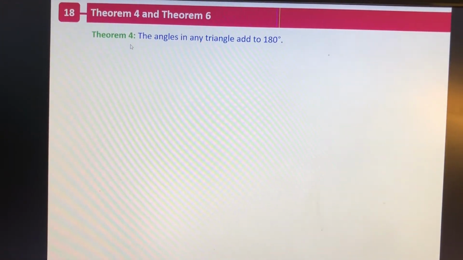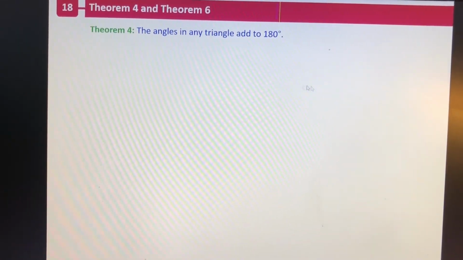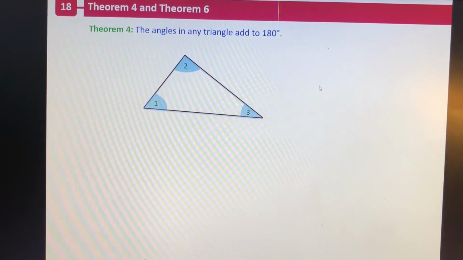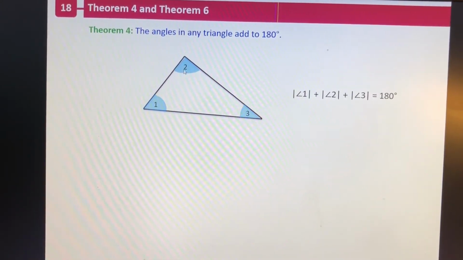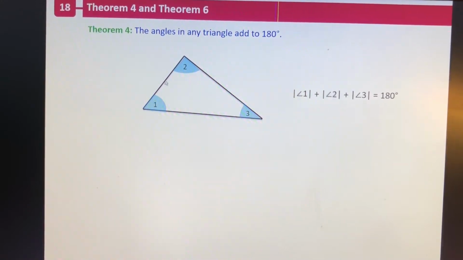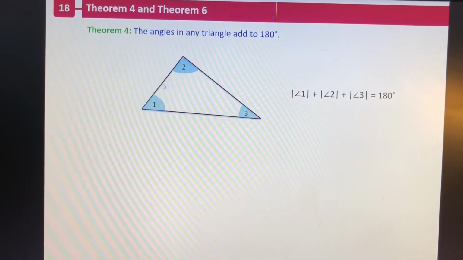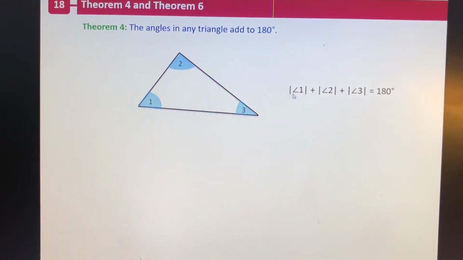Well, that's the statement that we've been mentioning throughout this class already, that the angles in a triangle add to 180 degrees. So here we have an example triangle, and we've got three angles inside their vertices, and we could label them like this, 1, 2, and 3, or letters, it's up to you.